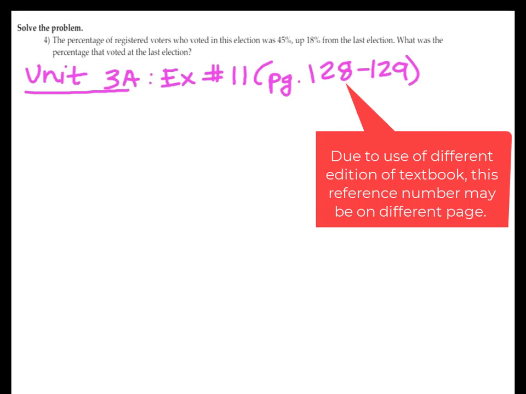And here, we want to solve a percentage problem. So we know that the percentage of registered voters who voted in this election was 45%, right? So this value here voted this election. And it's up 18% from the last election.